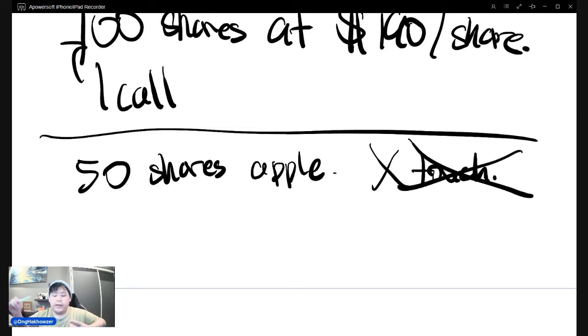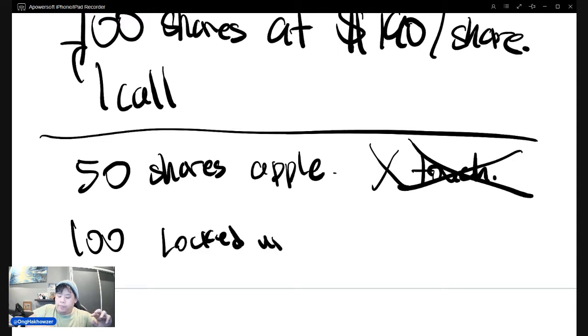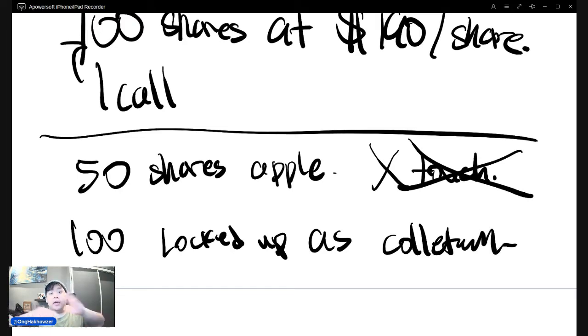So what happened here is that if I have 150 shares now, the 100 shares is now being locked up as collateral, okay? It's now going to be locked up for collateral. And because 100 shares are going to be locked up for collateral, you writing this contract for $190 per share is almost risk-free. Of course, again, when I say risk-free, it simply means that I'm expecting Apple to not suddenly shoot up in price all the way to $200 or $300.